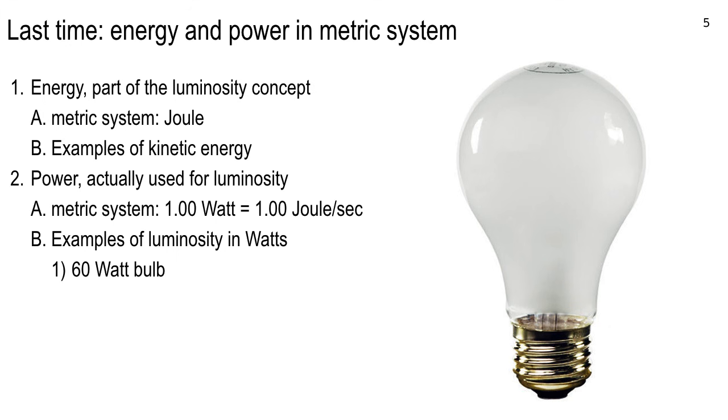A 60-watt bulb is incandescent, just like what we had up here in the front of the lecture hall on the first day of class. We looked at an incandescent light source. It was emitting light because it was hot. And the 60-watt light bulb is also emitting light because it is hot.